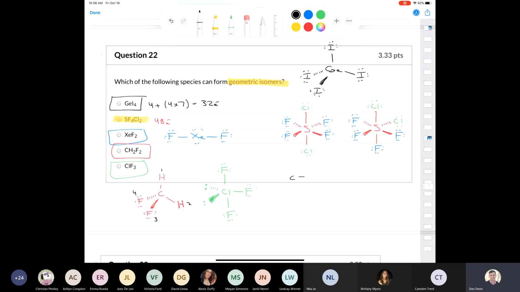We had something that looked like this, where we had a fluorine like this, and a fluorine like that, and a hydrogen like this, and a hydrogen like this. So this is C2H2F2. Now, that's one Lewis structure for C2H2F2, and I'm not talking about this question anymore, I'm talking about something different. If I make this compound, where I have the 2 fluorines on the opposite sides, like this, my question to you is, are these the same compound? Are these the same?